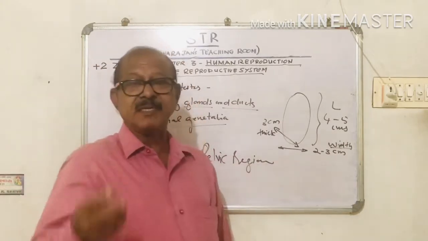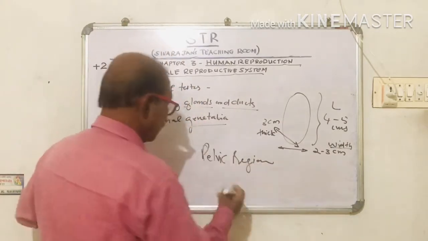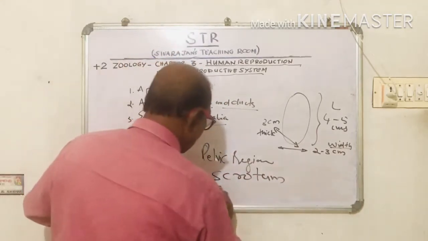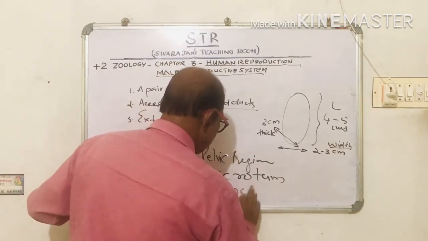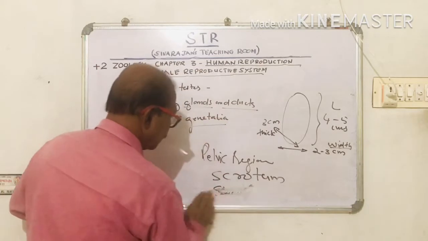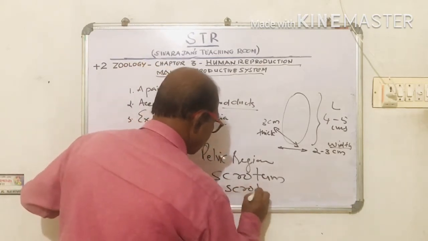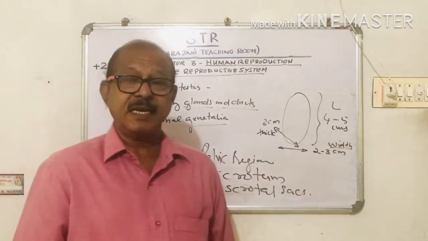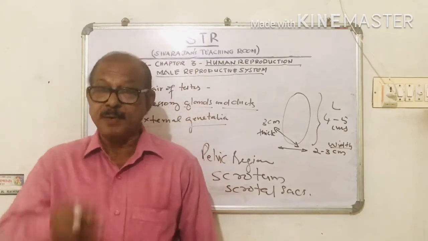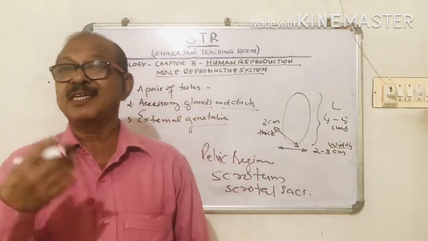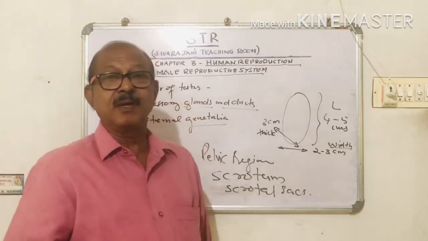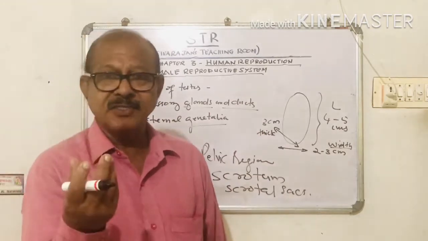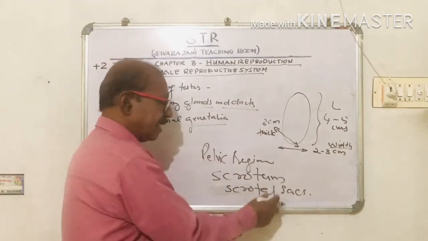Both the testes are kept inside a bag which we call the scrotum, or we can say scrotal sacs. So the testis is seen in the pelvic region, below the abdomen and outside the body.